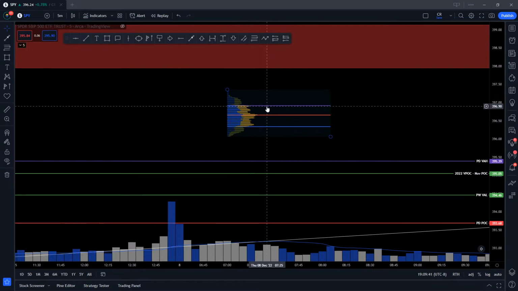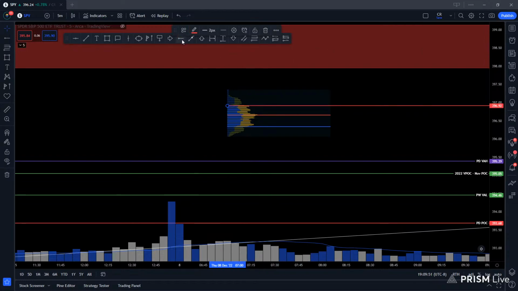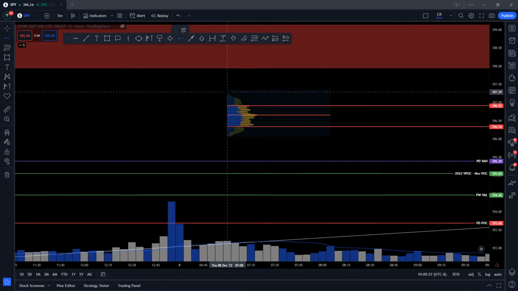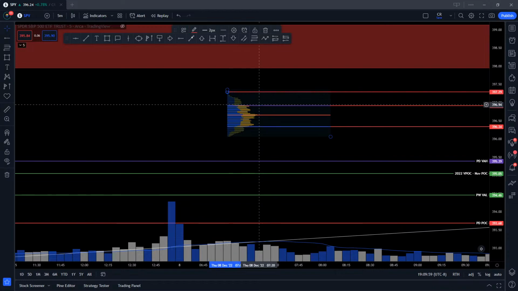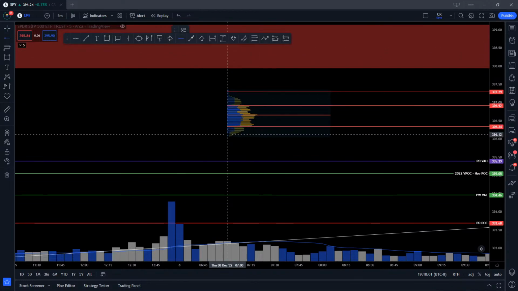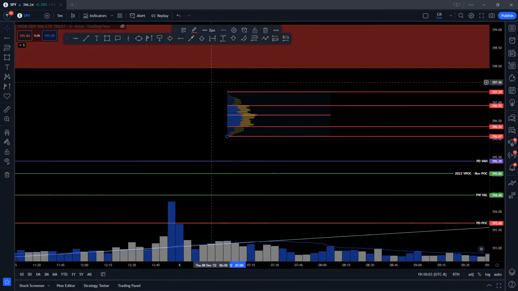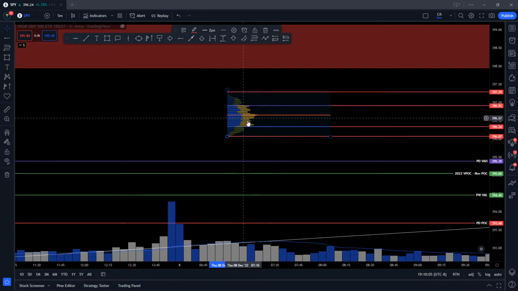And so we can grab puts here, I'm sorry, calls here. And we can grab calls here. You can also try to grab puts closer to the top and calls closer to the bottom. But most of the time, you're going to be in this range here.